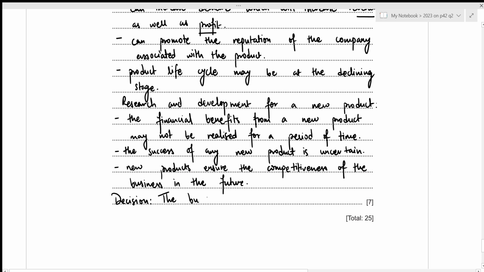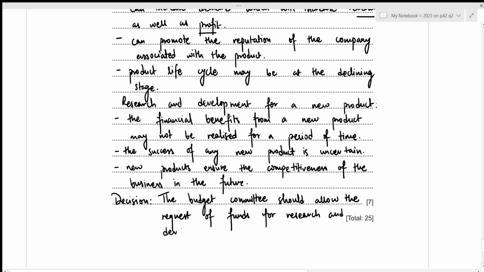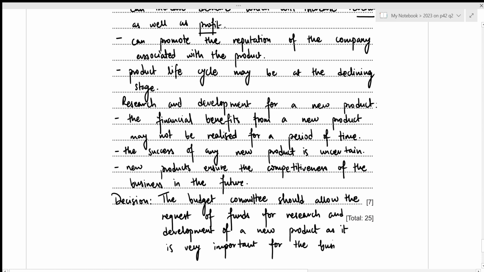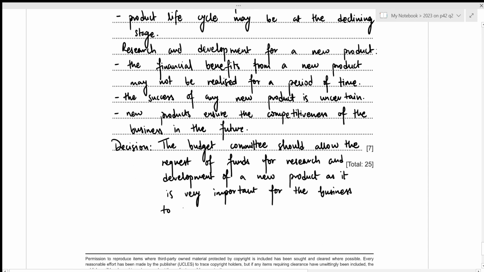The budget committee should allow the request of funds for research and development of a new product, as it is very important for the business to keep up with customers' changing tastes.